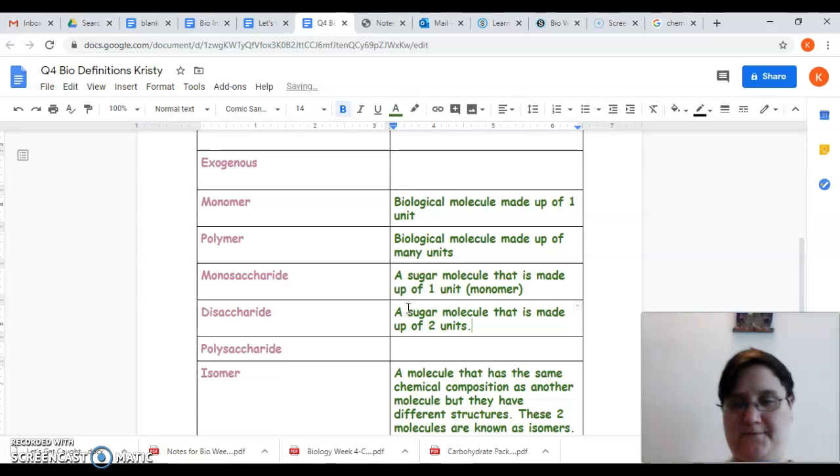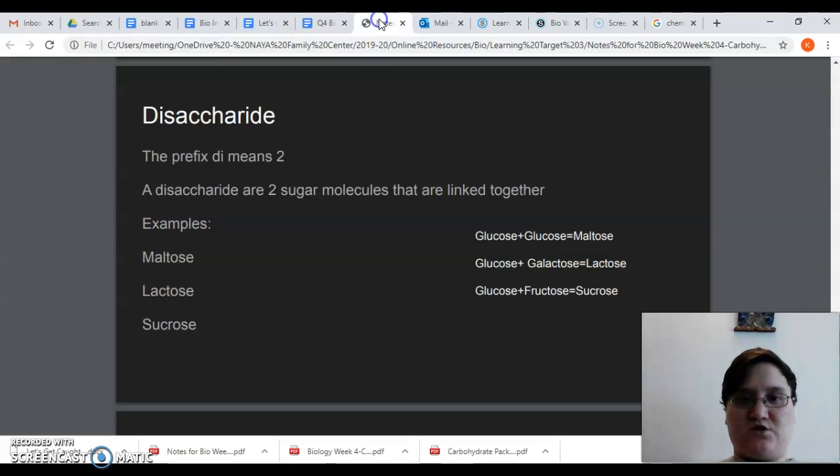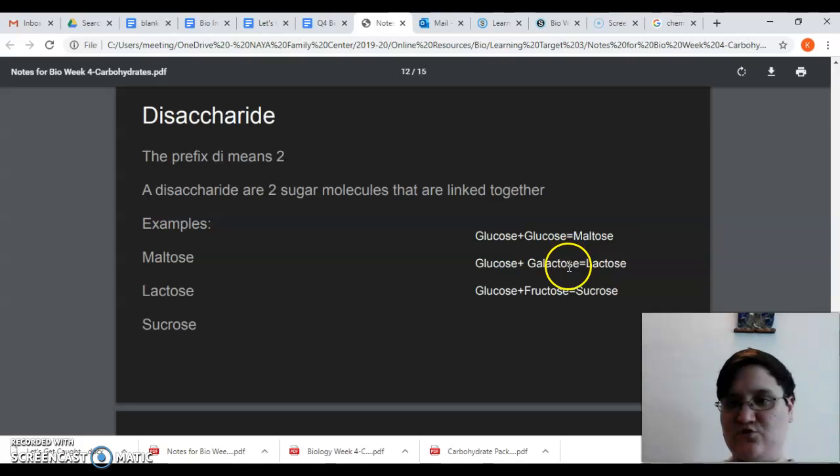How about we say that, right? So it could be like a glucose and a glucose, or a galactose and a glucose, right? So it's made up of two monomers, essentially. So I have examples. These are the only examples you're expected to know.